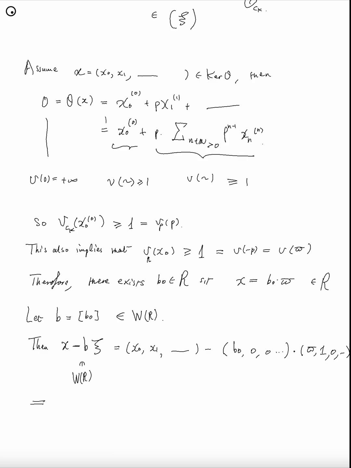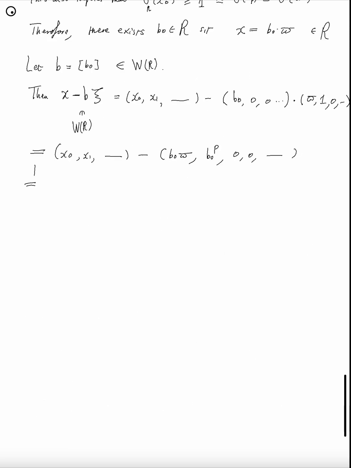Then this would be x0, x1 again, minus b0 omega bar, b0 to the power p times 1 and 0 squared. This is again using the formula for addition or multiplication, which is power series on each component.